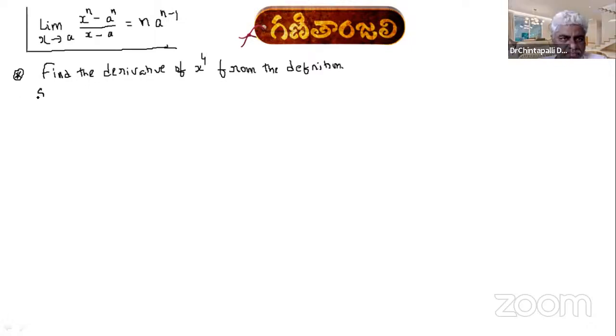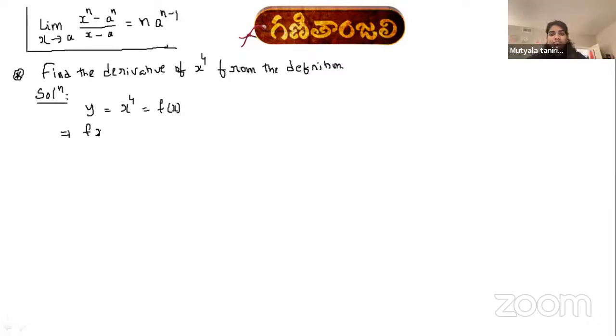Solution. y is equal to x power 4. This is equal to f of x, right? Then what is f of x plus h? f of x is equal to x power 4, so f of x plus h is x plus h whole power 4.